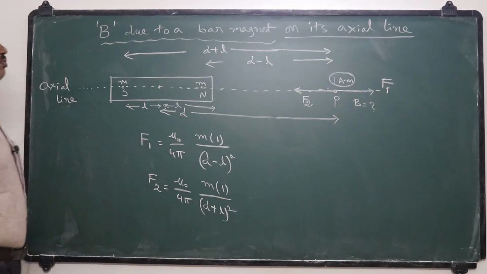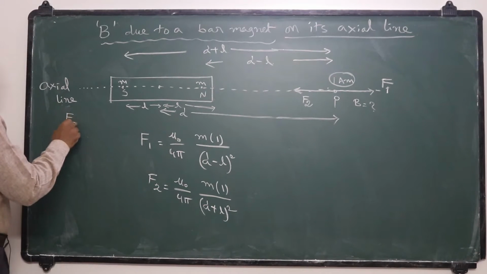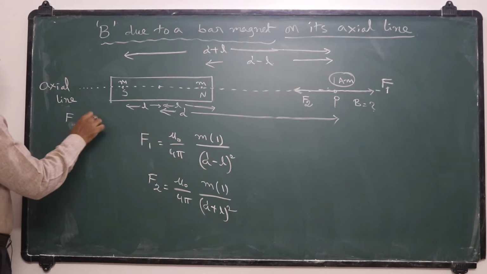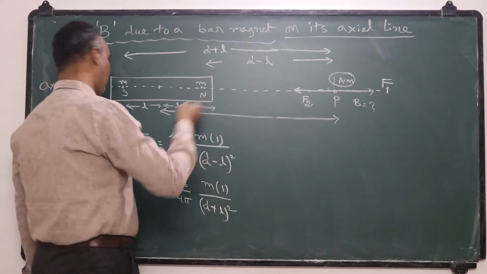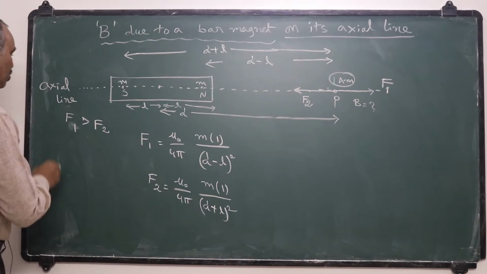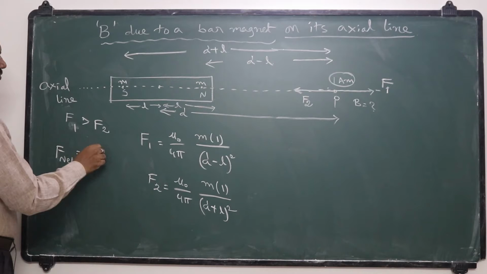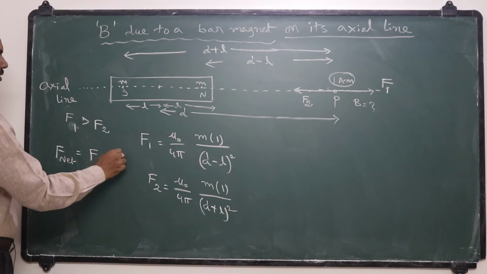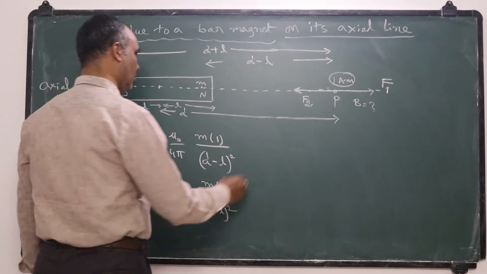Net force experienced by it: clearly F1 is greater than F2, since the distance is small, the force is more. So the net force is F1 minus F2.